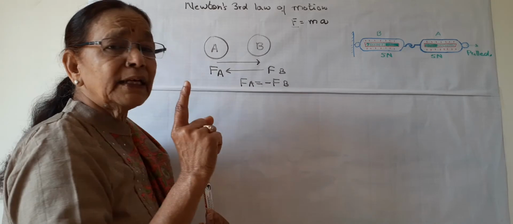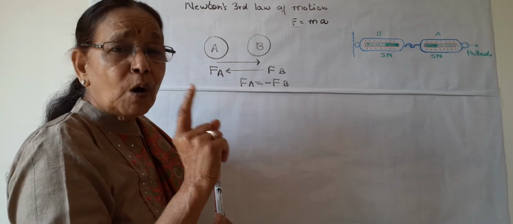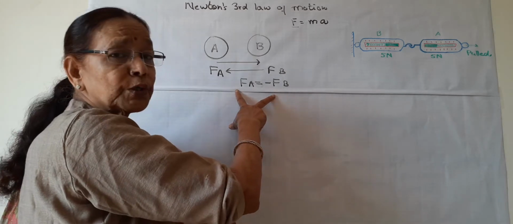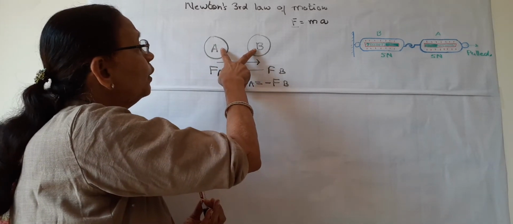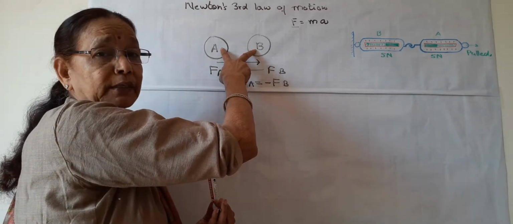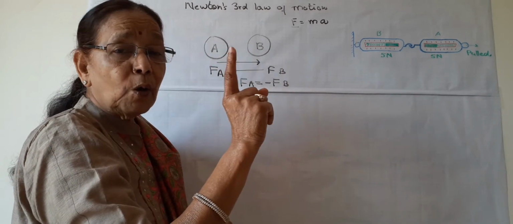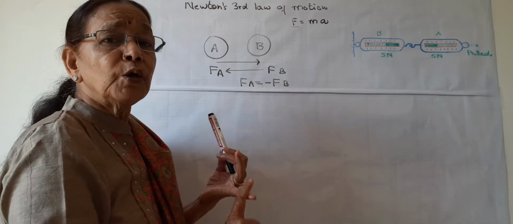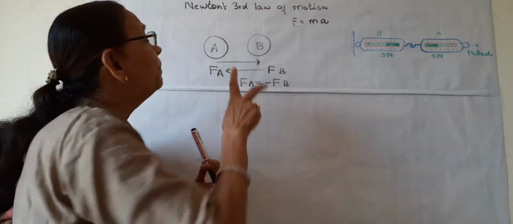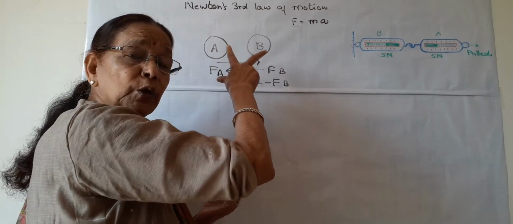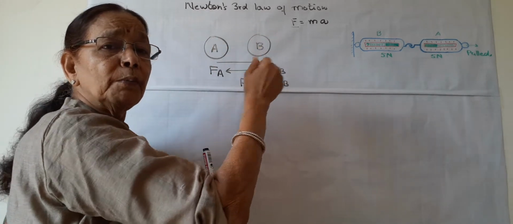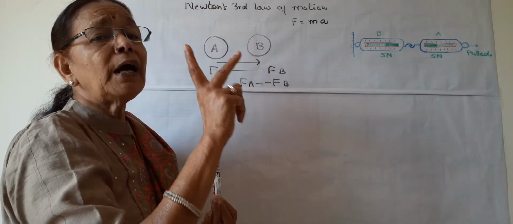But one thing should be kept in mind, always very important, that these two forces act on two different objects, not on one object. That is, there is a pair of forces, two forces, and a pair of objects. Objects may be more than two, but the forces are two.